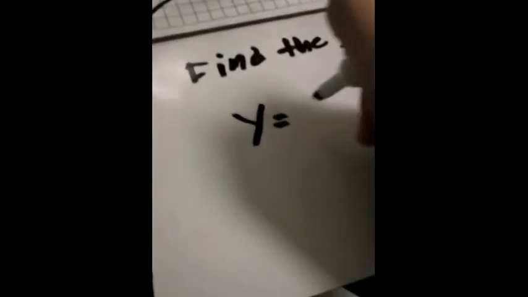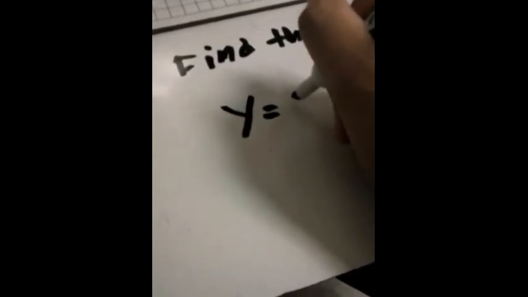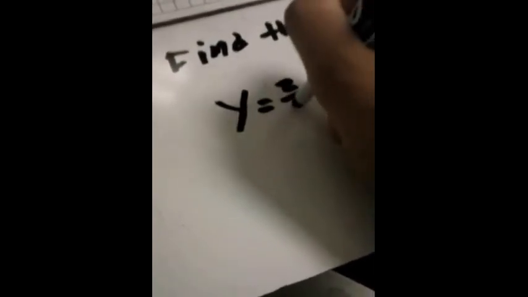So our slope, and we want to put this into y equals mx plus b form. So we have y equals 2/5 x plus b.